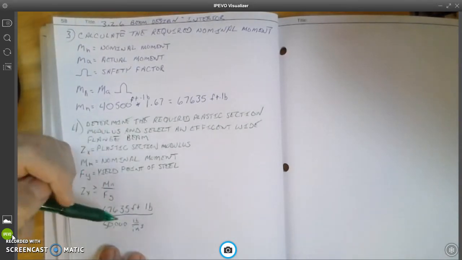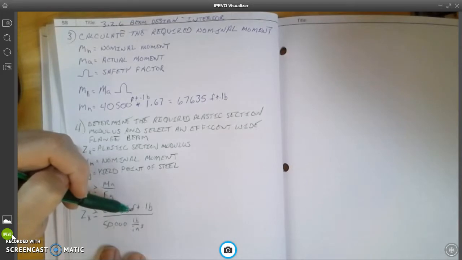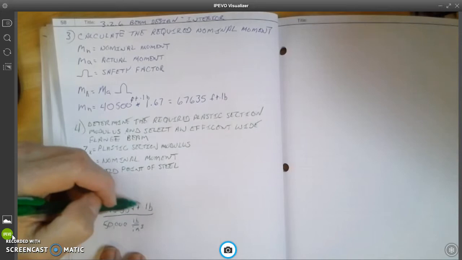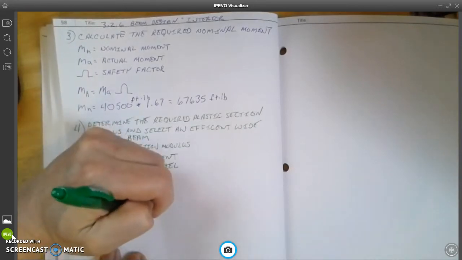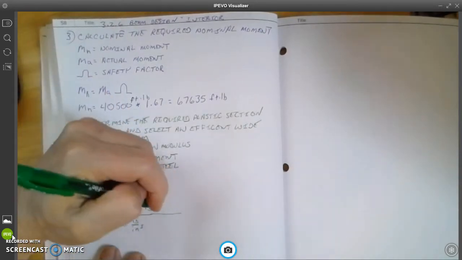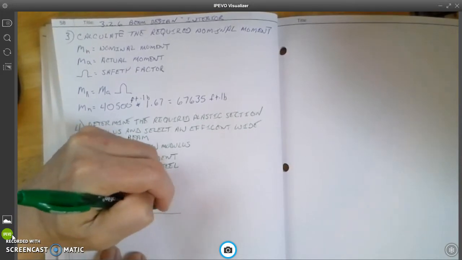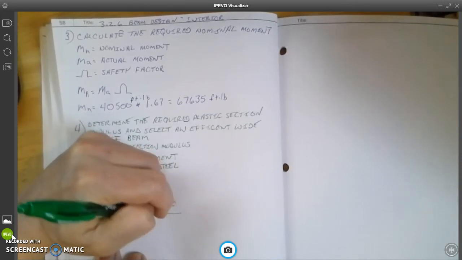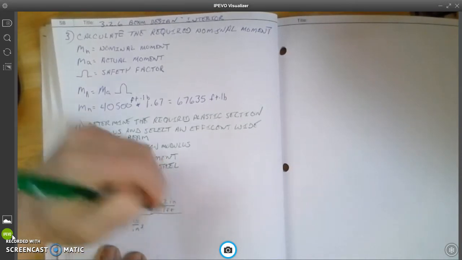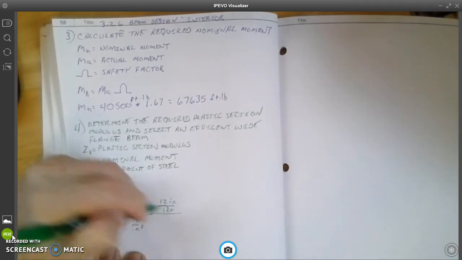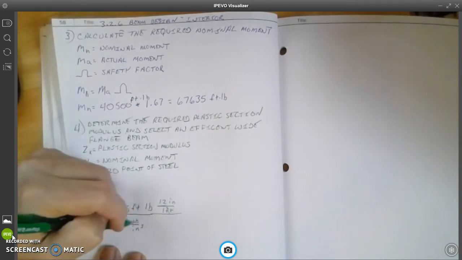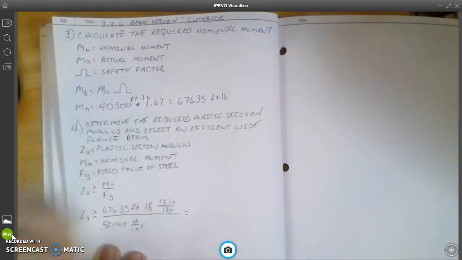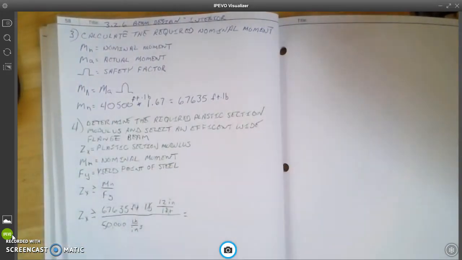So we've got a little bit of a dilemma, because up here we have feet and down here we have inches. So we're going to have to convert these feet into inches, and you do that by multiplying 12 inches over 1 foot, and our feet are going to cancel out. Our pounds cancel out down here, and we can do the math now, I think.